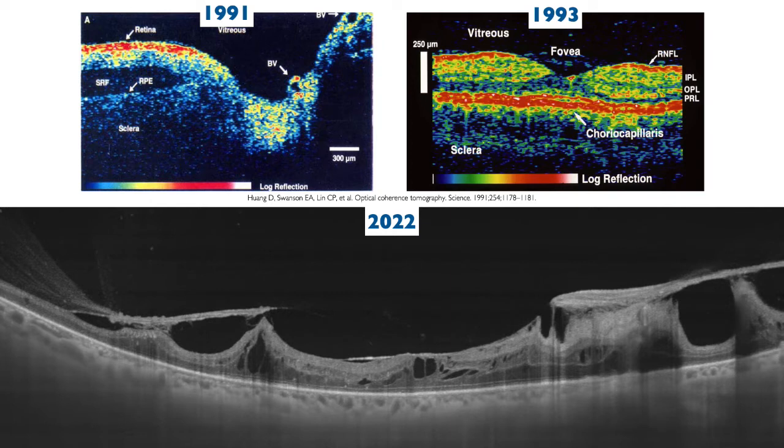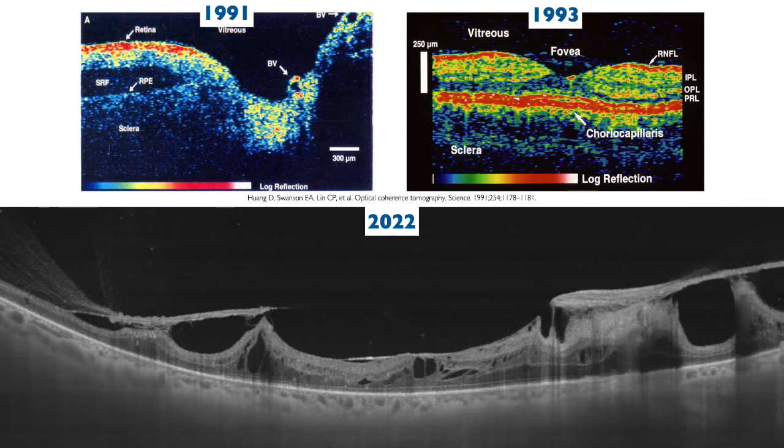Later, in 1993, the first in vivo OCT was produced and published, and this is interesting because it was based on time domain technology, but as we can see, the outer plexiform layer was already there, so that layer was already visible at that time using that particular device, and was already named appropriately as outer plexiform layer.